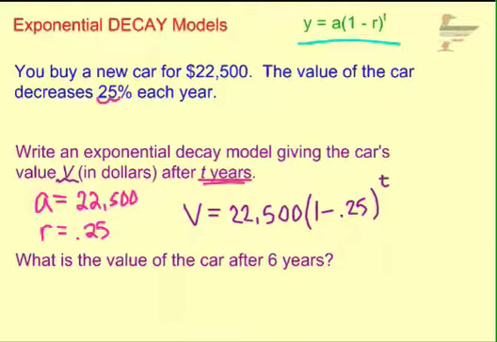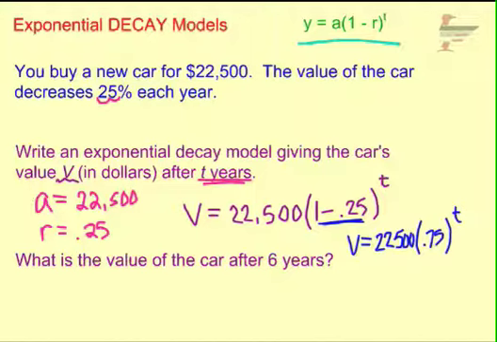So here's our answer. Again, we just want to clean it up a little bit. We can figure out what this 1 minus 0.25 is. So in the end, V is equal to 22,500 times 0.75 raised to the t power. So there is the model. That's an equation that we can use to figure out the value of the car at any point.